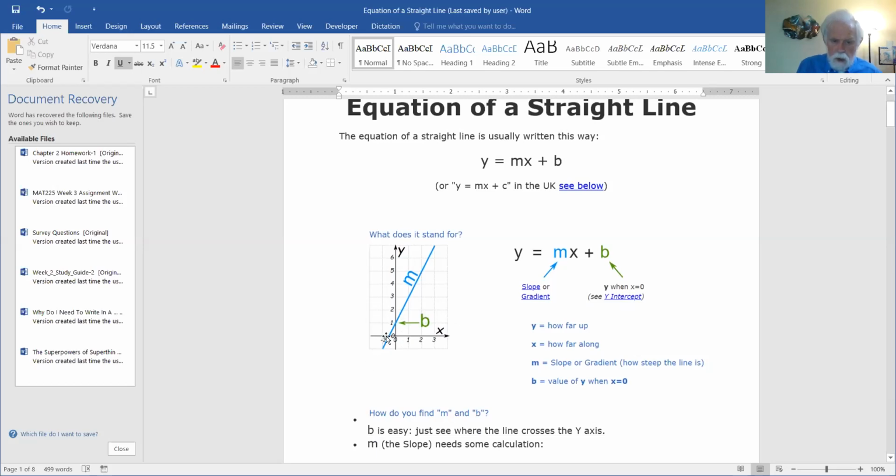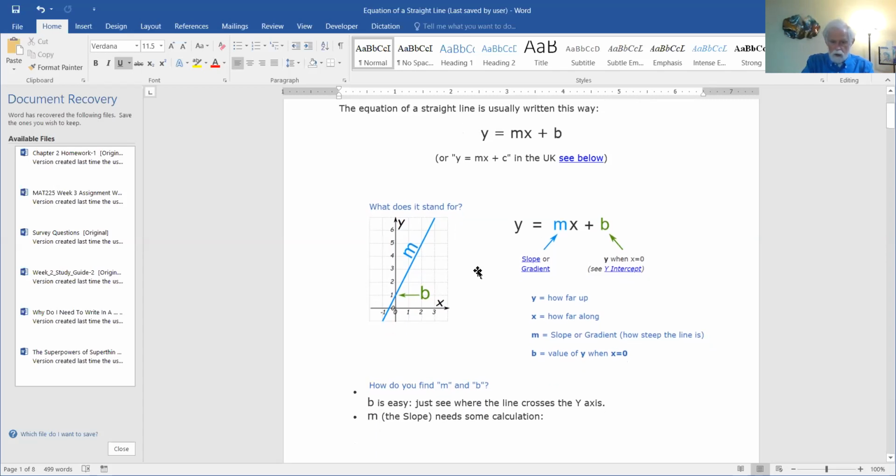So here we're looking at a line that on the left is down on the negative side of X, and on the right is at the positive side of X. By definition, slope is how far up it goes for how far across it goes. And that becomes an easily calculated number.